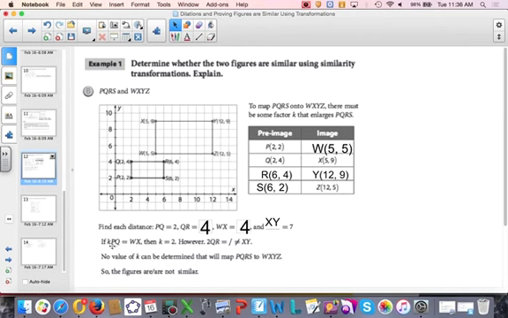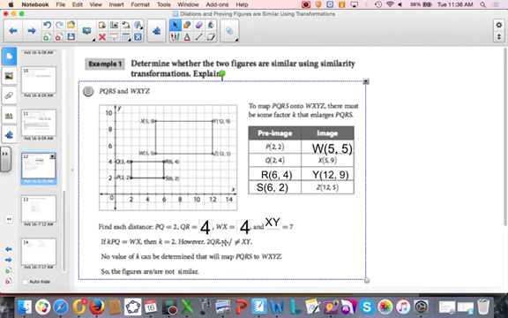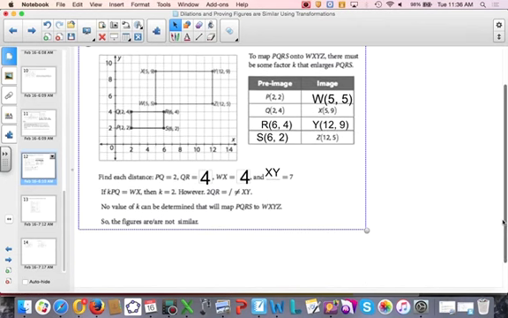Okay, so if k times PQ equals WX, then my scale factor k would be 2. However, when I try to use that 2 to double QR and find the length of XY, it doesn't work. So that means that there is no value of k that can be determined that would map PQRS to WXYZ, so the figures are not similar.